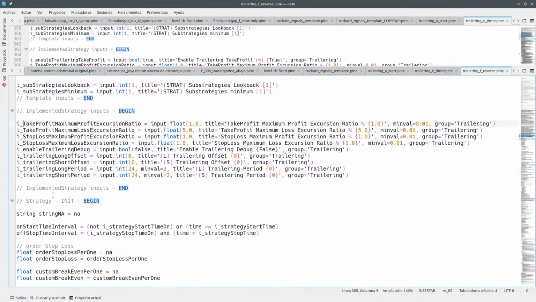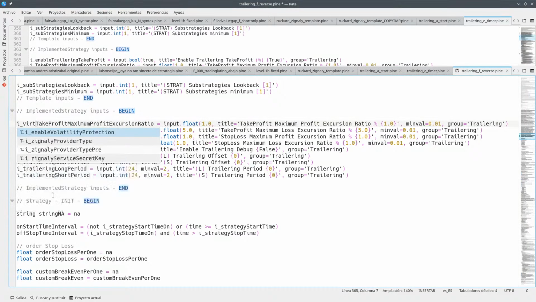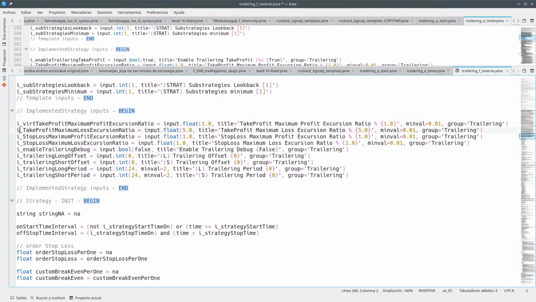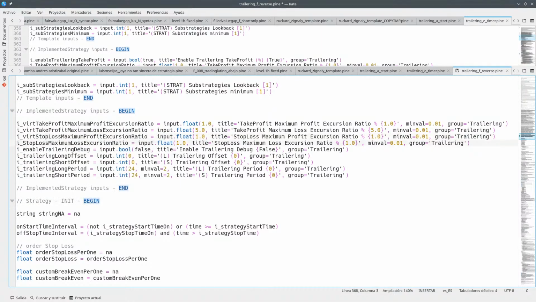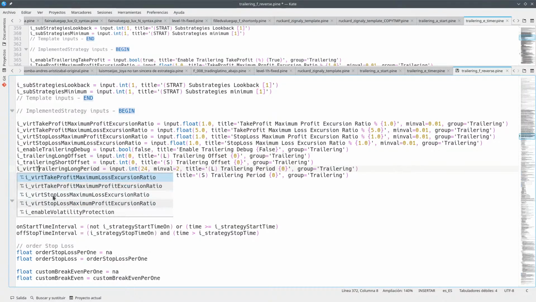Yeah, it's probably a good thing to change the variable names. So this is virtual. Yeah, let's use virt for everything here. This is not virtual, although it could be virtual if, yeah, it's true.